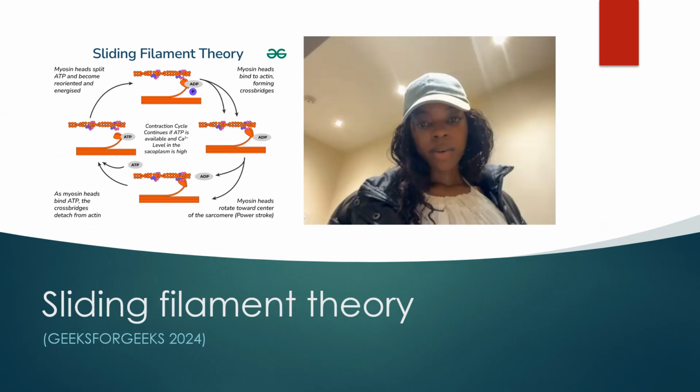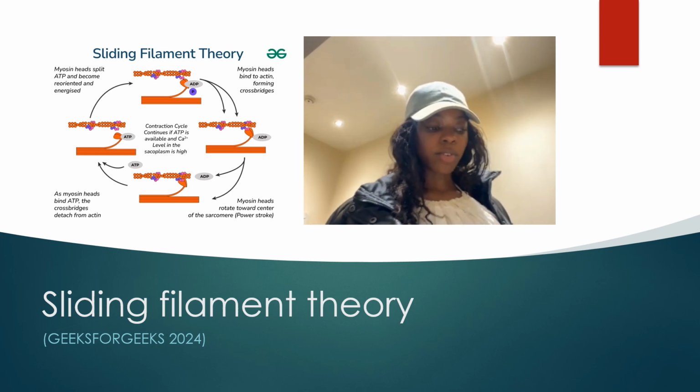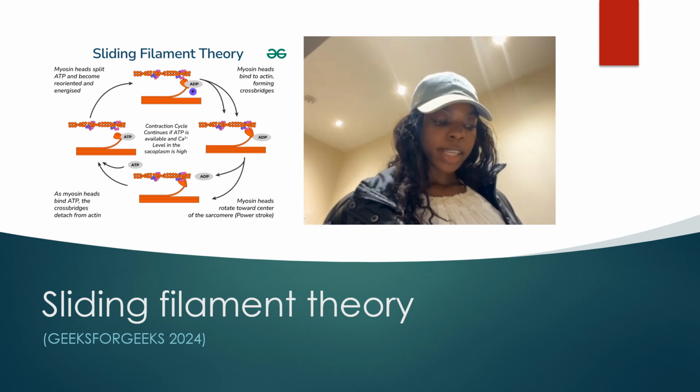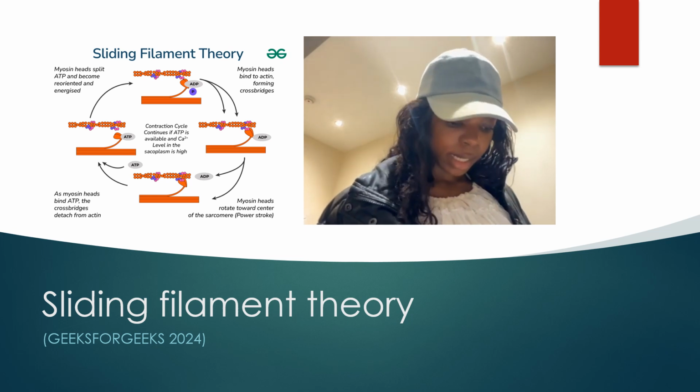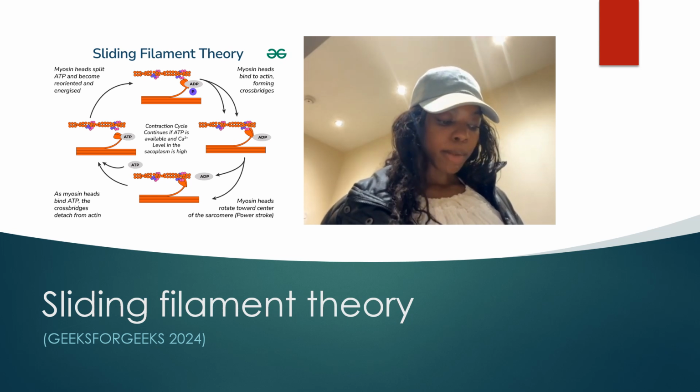Okay, now I'm explaining the sliding filament theory of muscle contraction. The sliding filament theory explains how muscles contract. It is a process where actin filaments slide past myosin filaments, causing the muscle fiber to shorten.